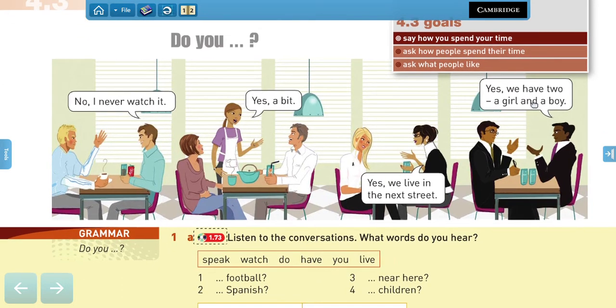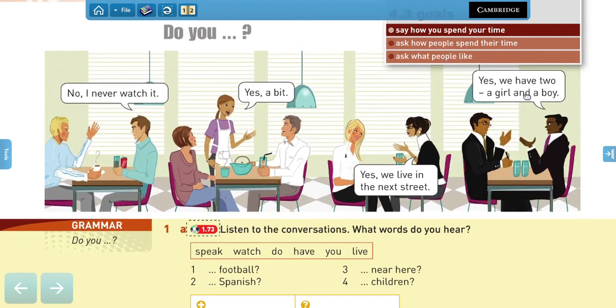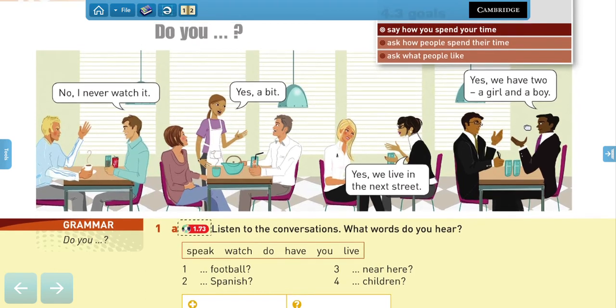So, the first activity we have is a listening. Here we have 4 different tables at a restaurant and 4 different groups of people, or pairs in this case, talking about different things. They are going to be asking each other some questions.